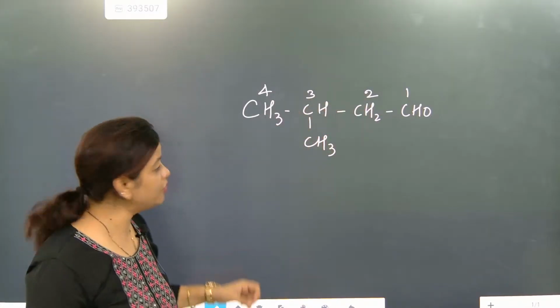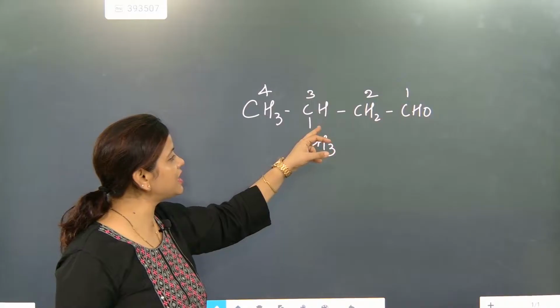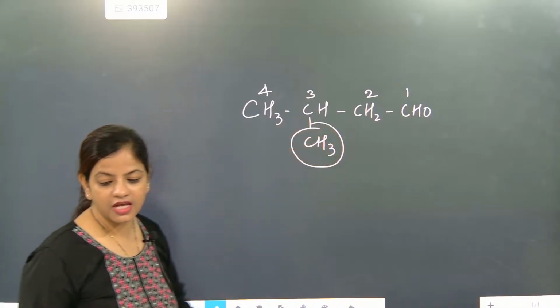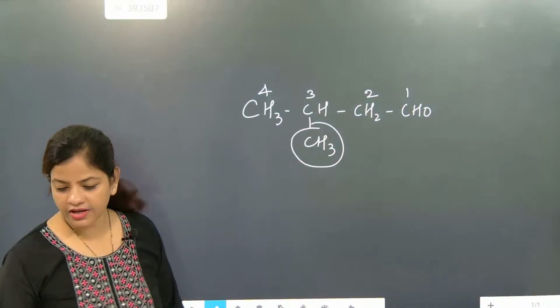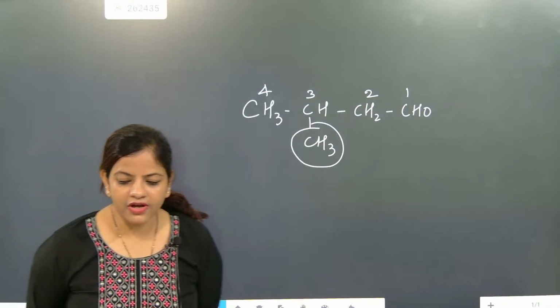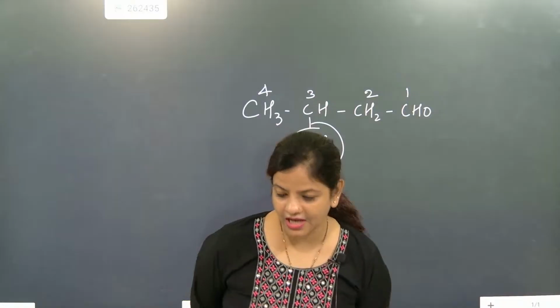So we will be counting from here. But at which location is the methyl? The third location. Let's see how many people are writing 2 methyl or 3 methyl. The correct answer is 3 methyl. Very good.